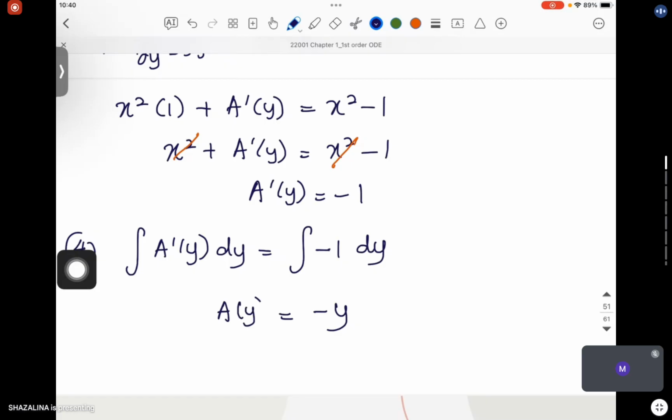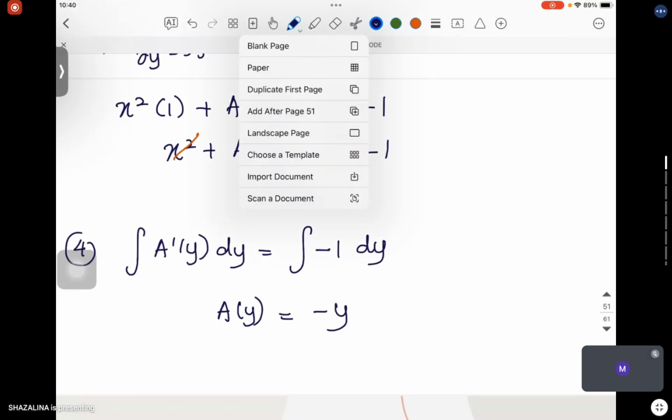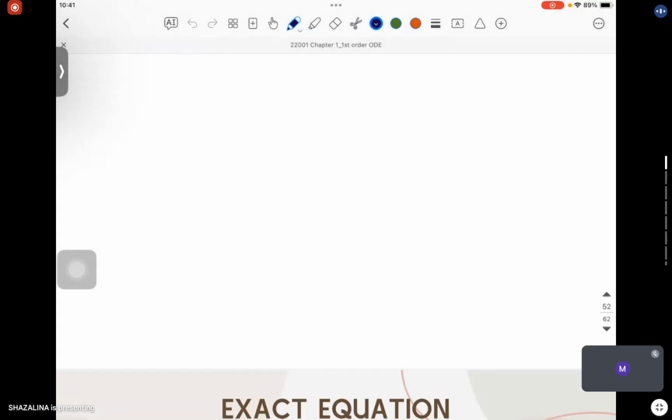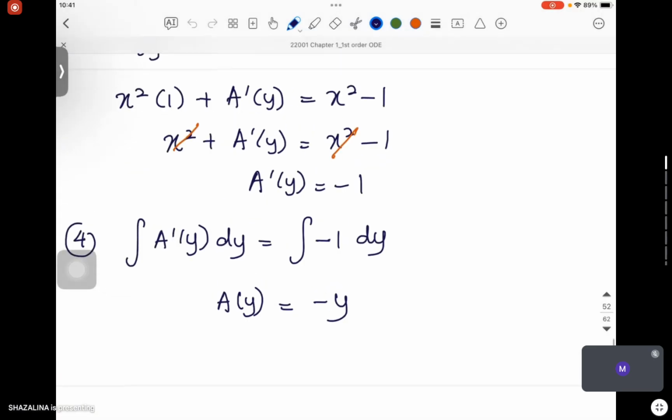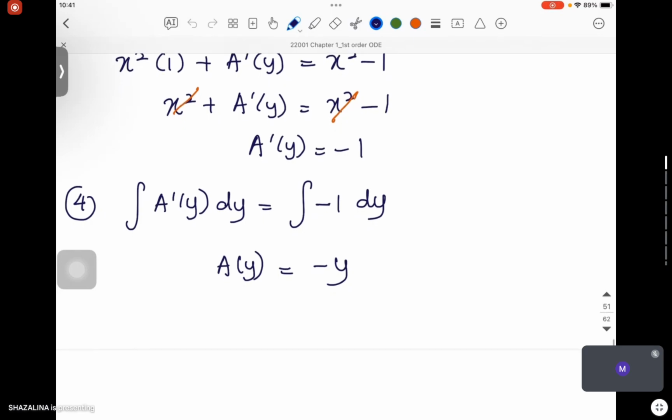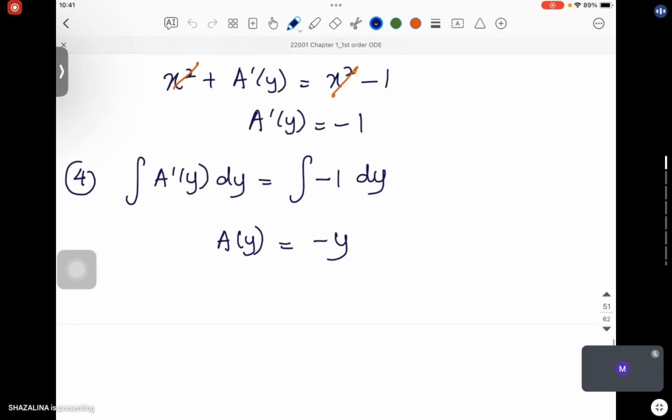So we have our a(y) equals negative y. No need to add C because we already have C in the solution. Okay, we have got our a(y).